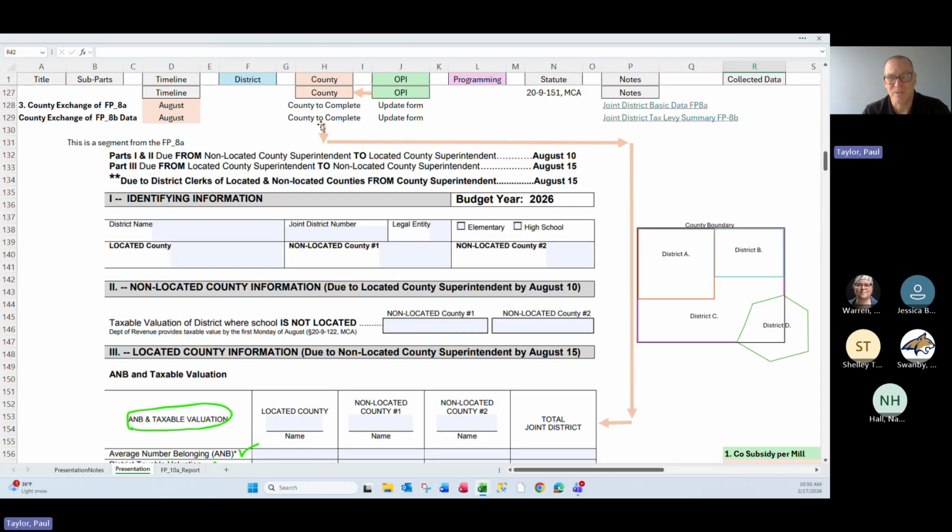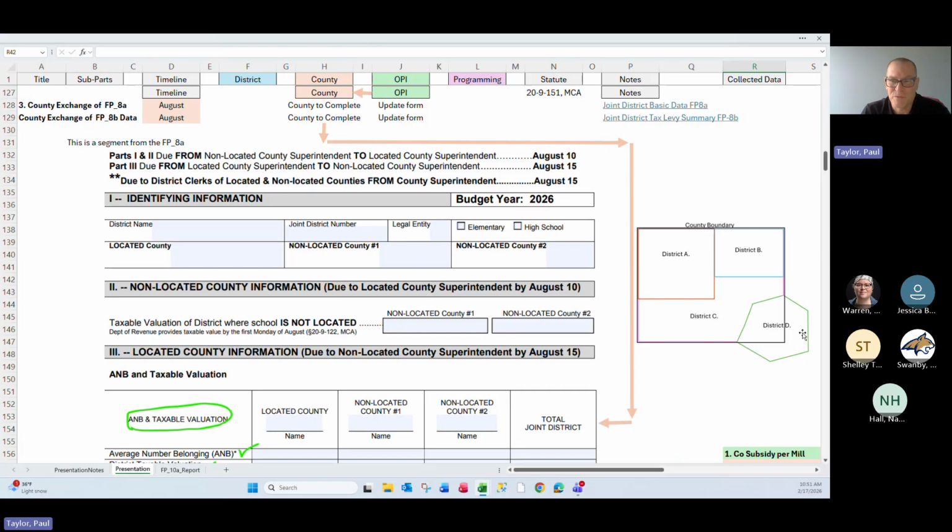But what this is specific to, as mentioned earlier in our fictitious example, is this district over here, District D, that lies in and out of the county in question, remembering that the located county is the county in which the building actually resides, and the remainder of the land from which students come from out of county is called non-located.